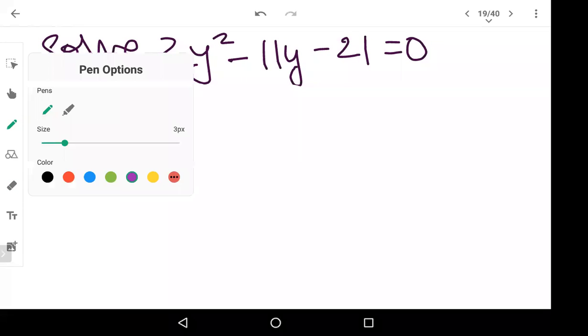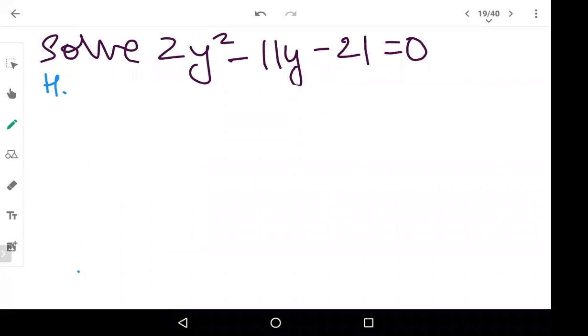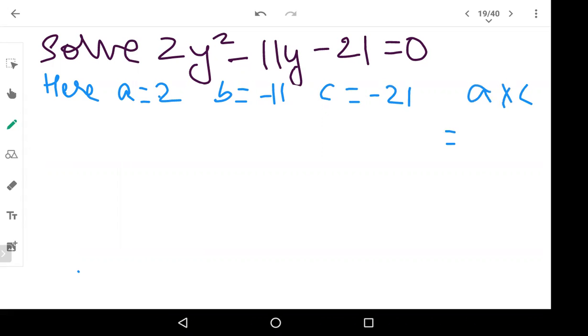Same exercise. Here, a is equal to 2, b is equal to minus 11, c is equal to minus 21. So a into c is 2 into minus 21, that is minus 42. Good, good.